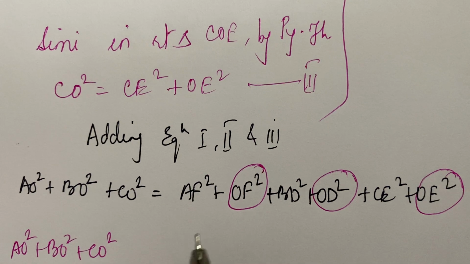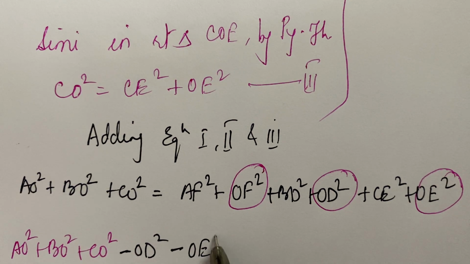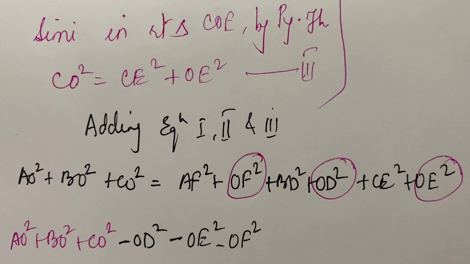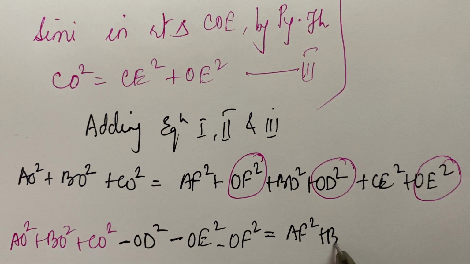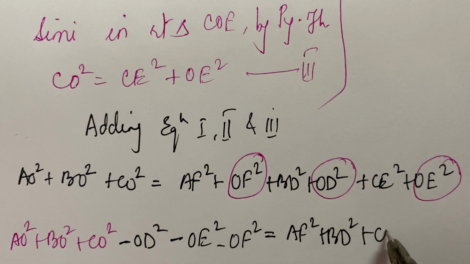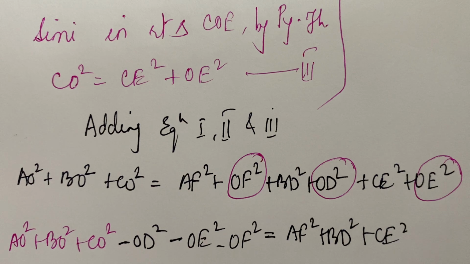Now minus I will write first OD square, then minus OE square and minus OF square. This is equal to, now what are left out is AF square plus BD square plus CE square. This is what you have to prove. Look at the claim.